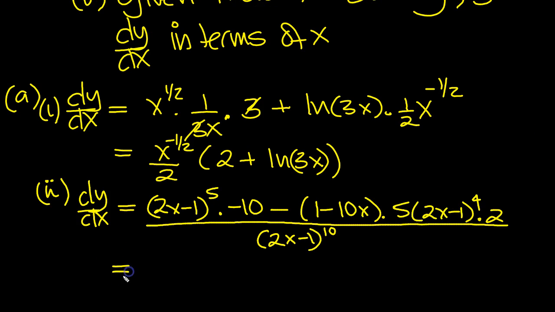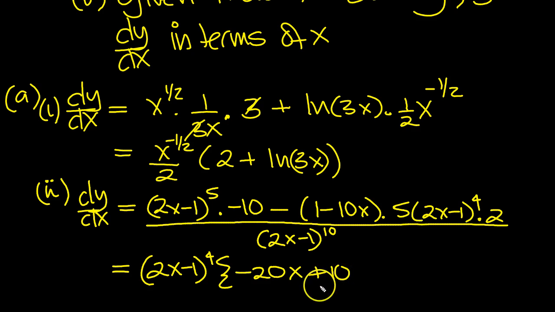So that's equal to, well, there's a 2x minus 1 to the power 4 common on top, so I'm just going to put that outside the bracket, to the 4. Then we've got minus 10, lots of just one bracket here, so that will give us minus 20x plus 10.